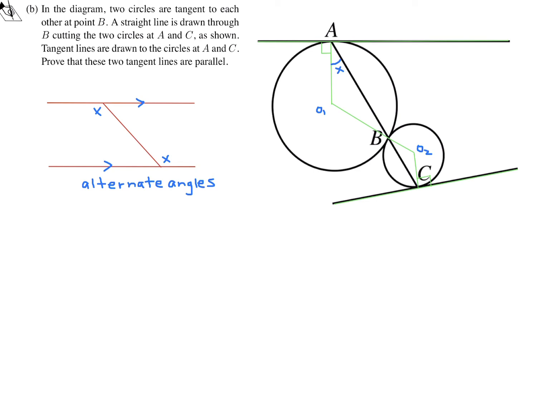This is 90 right here, correct? So this whole angle from here to here has got to be 90 plus X, correct? Because that's 90 and this I just called X. All right. Now where do we go from here?